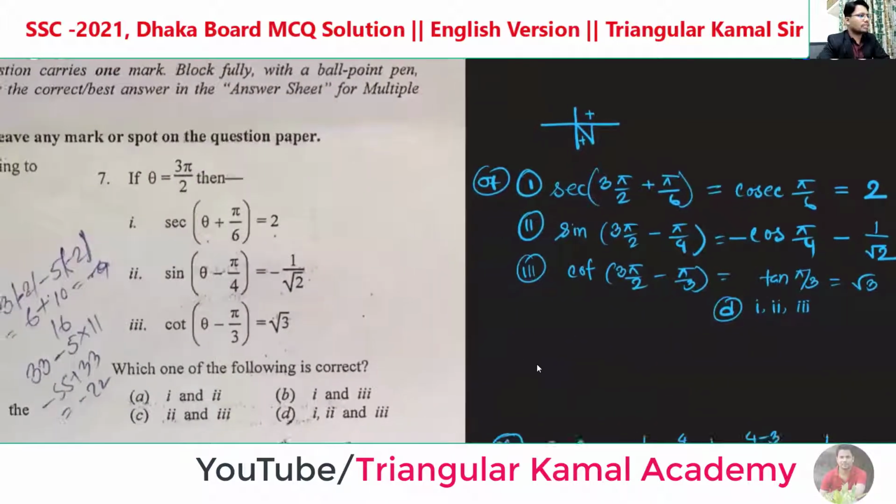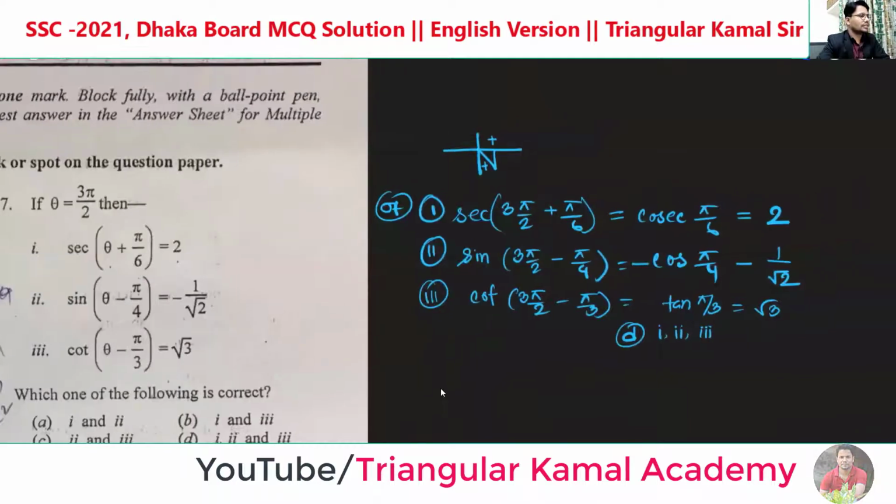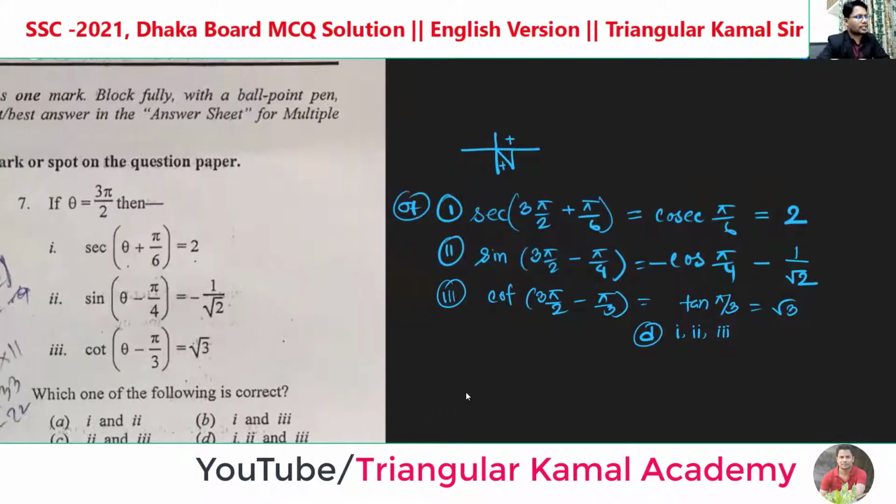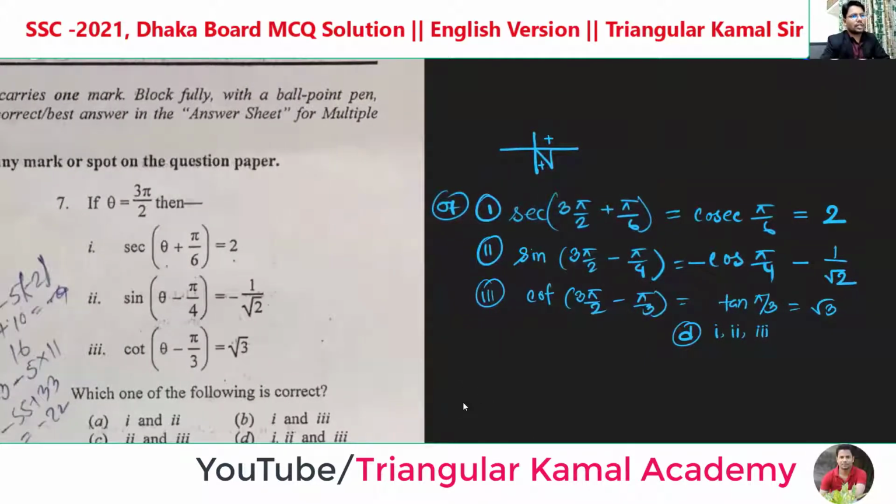So here question number 7 is: if theta equals 3 pi by 2, then sec of theta plus pi by 6 equals 2. Here see all the information. Now question number 7, put the value of theta as 3 pi by 2 plus pi by 6.